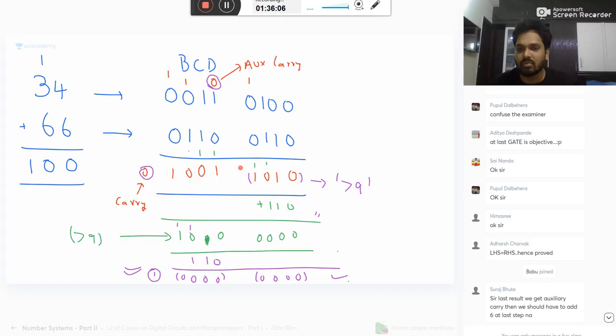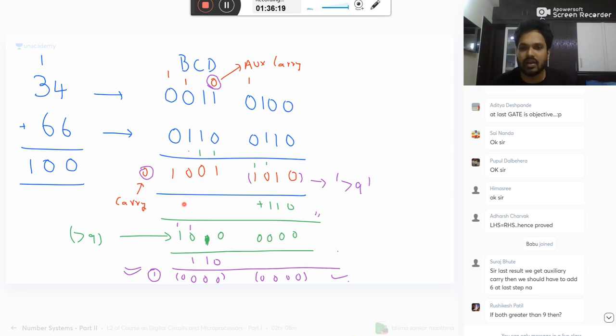Don't worry about remembering all these things. Get your result, that's all. Suraj, your question is answered? Second time, don't worry about your auxiliary carry. Both are greater than 9, so here also add 6. Nothing wrong. Both lines will add in that case, Rishi.